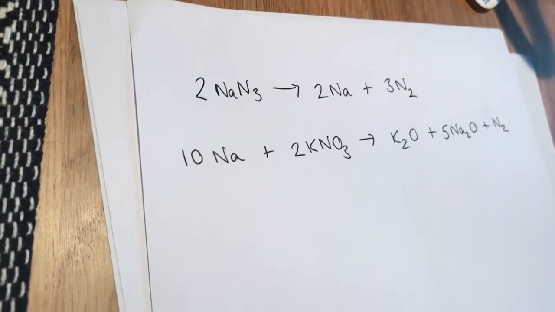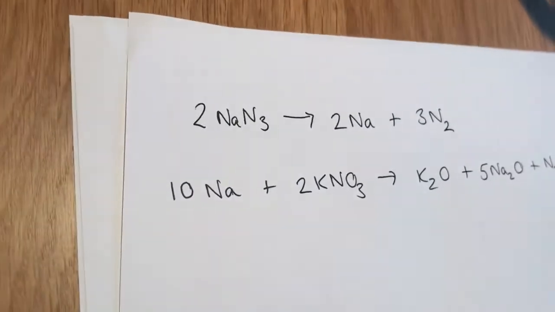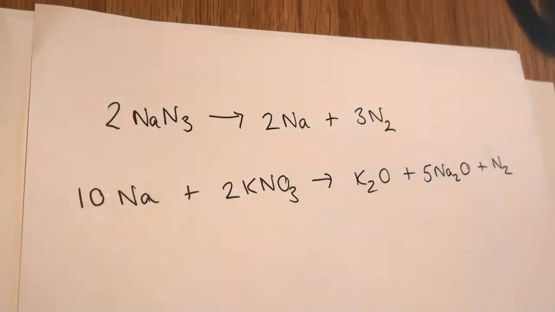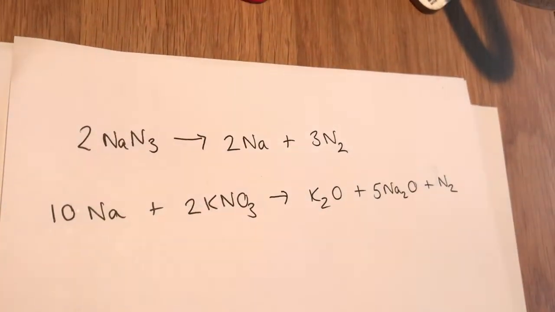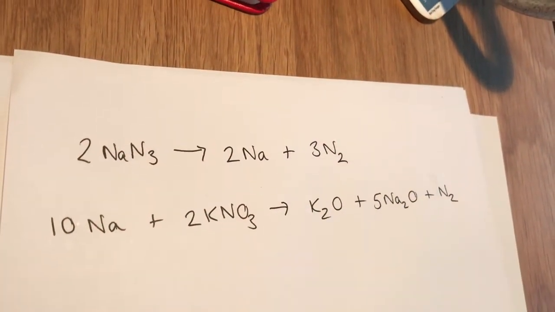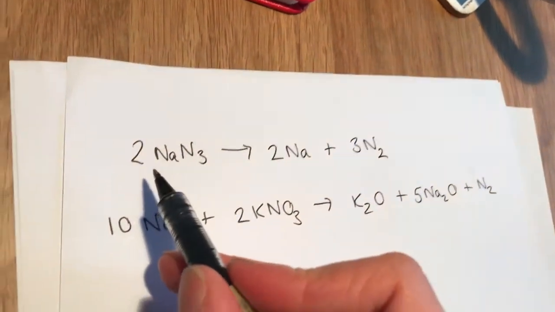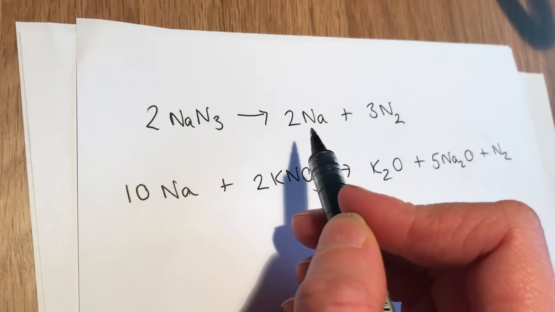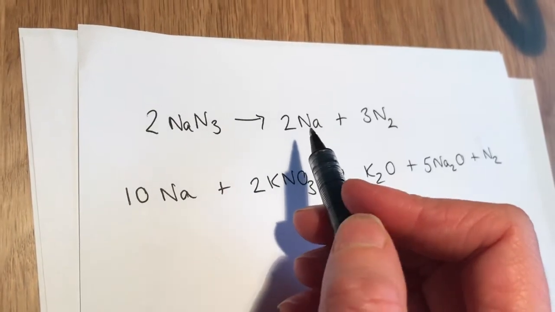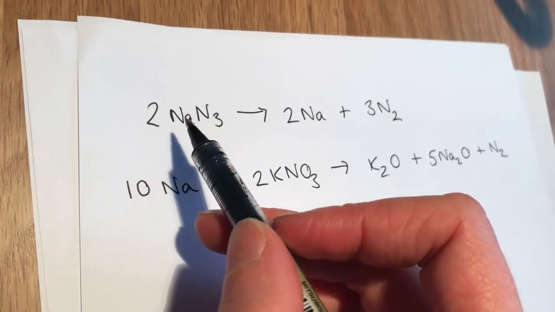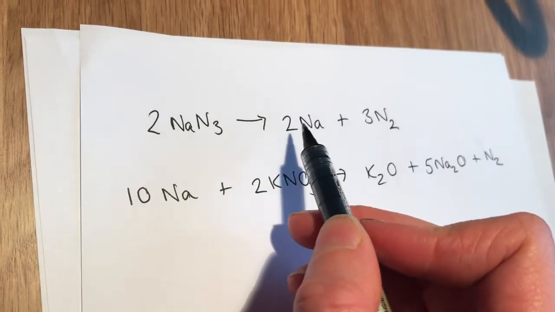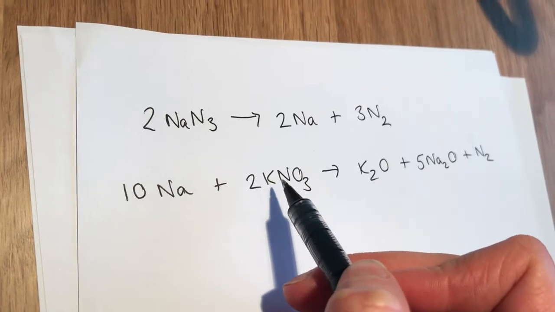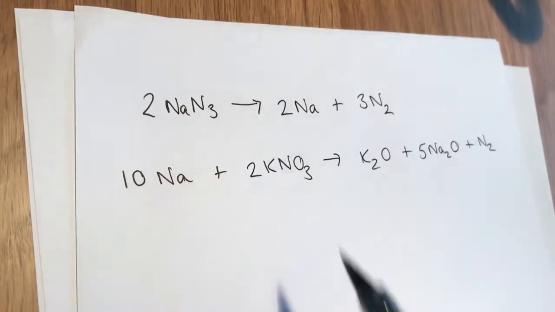So the question is asking what ratio by mass must the sodium azide and the potassium nitrate be mixed. So if you look here, 2 moles of sodium azide produces 2 moles of sodium, but you need 10 moles of sodium to react with 2 moles of potassium nitrate.